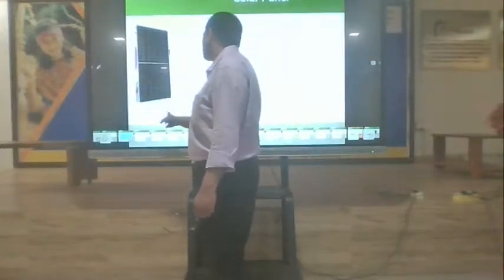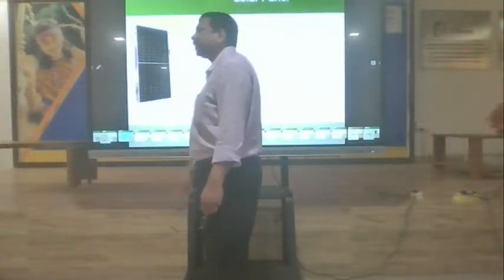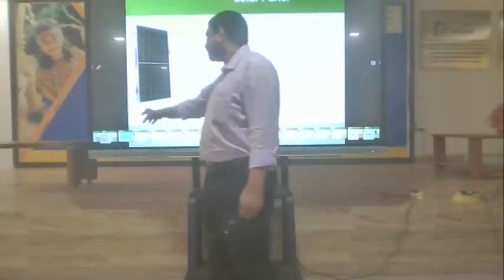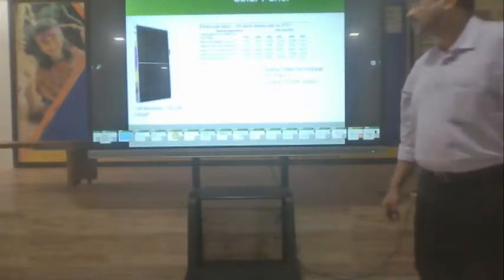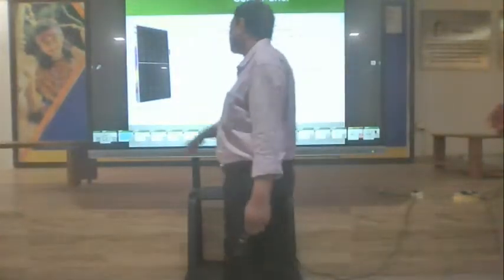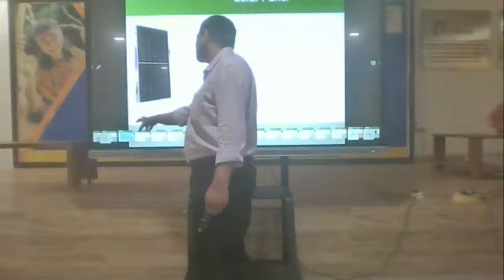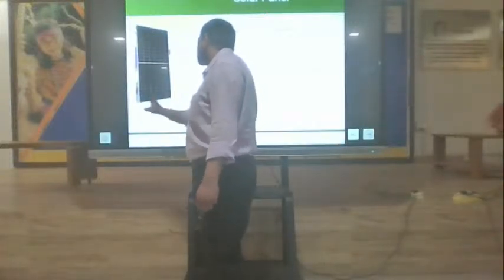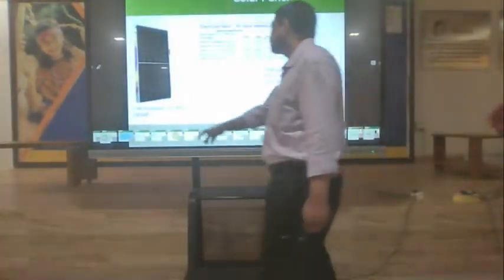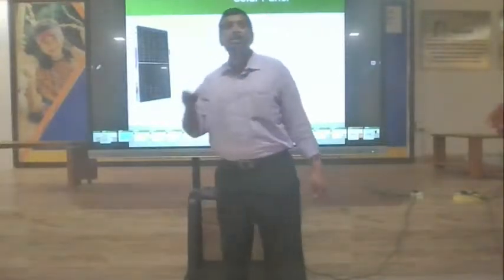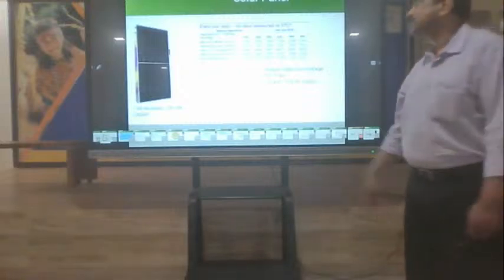Each one of them is around 2 volts, and each module is 4 watts. Here you have got 24 modules in series and 6 modules in parallel. So it's all a combination of series-parallel circuits. Again, this 2 volt module has 0.6 volt cells in series and parallel. That is how your solar panel is built.